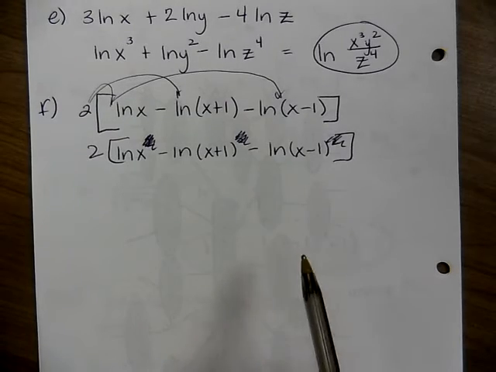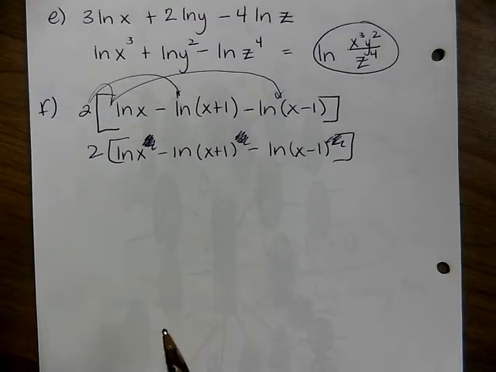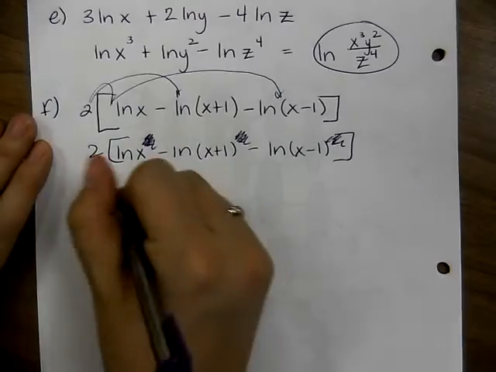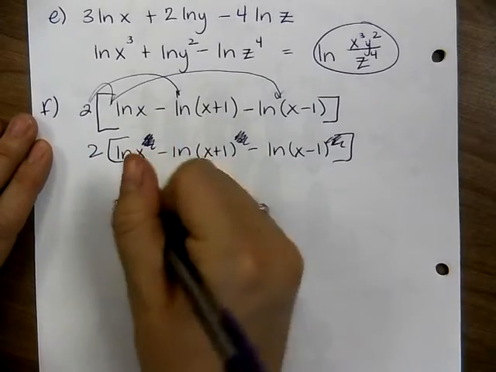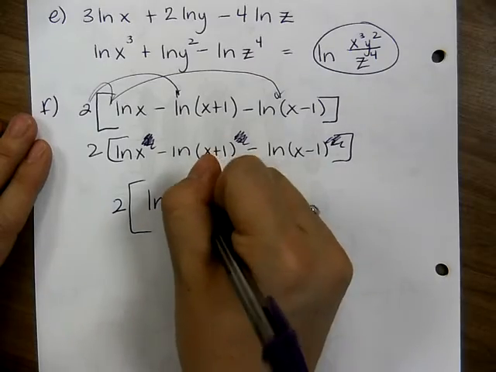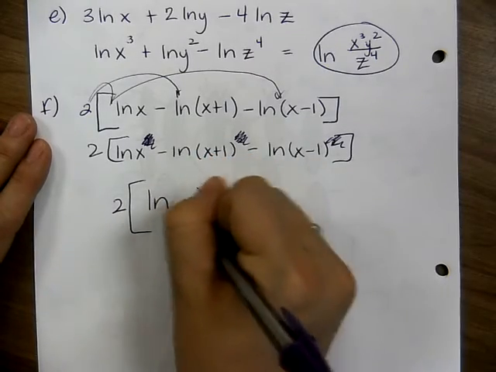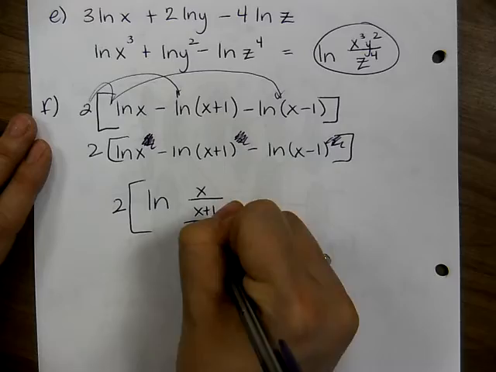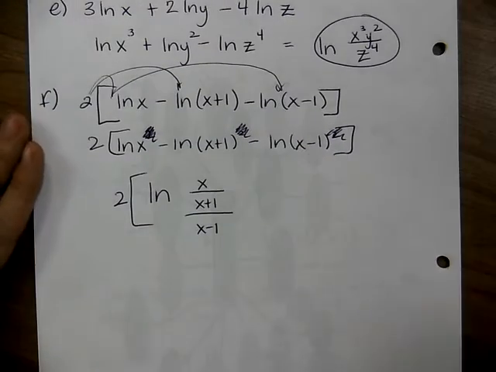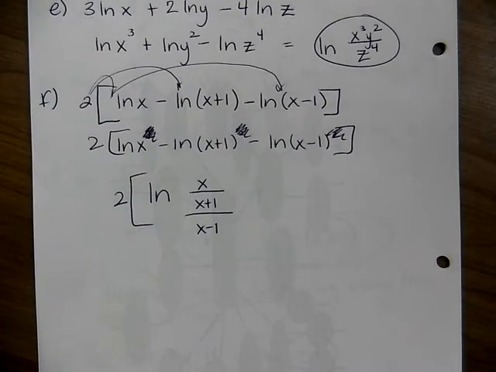If we think about just the inside here, this minus and minus, what is that telling you? Isn't this kind of like saying the natural log of x divided by x plus 1 divided by x minus 1? Like if we read it as division in division. Agree with that?